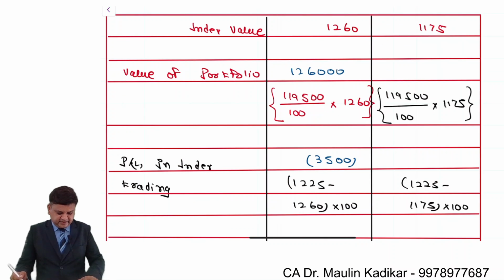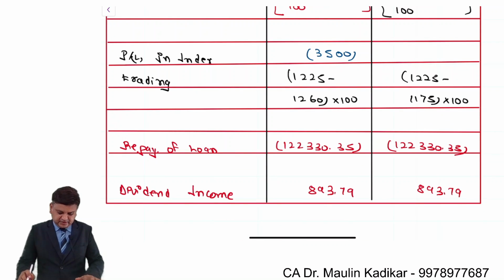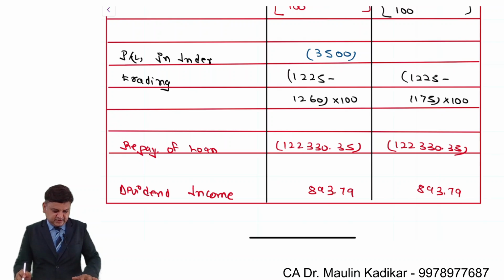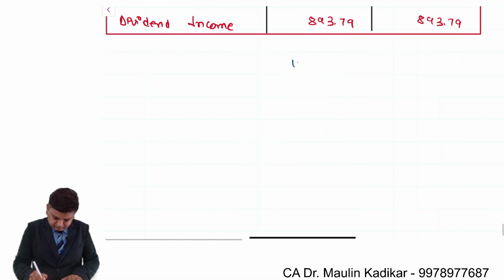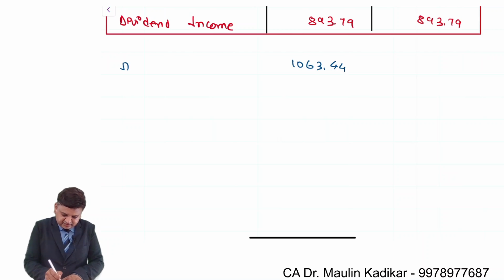So 1,26,000 minus 3,500 minus 122,330.35 plus 893.79. So that comes to 1063.44. And this is given a technical name as arbitrage.